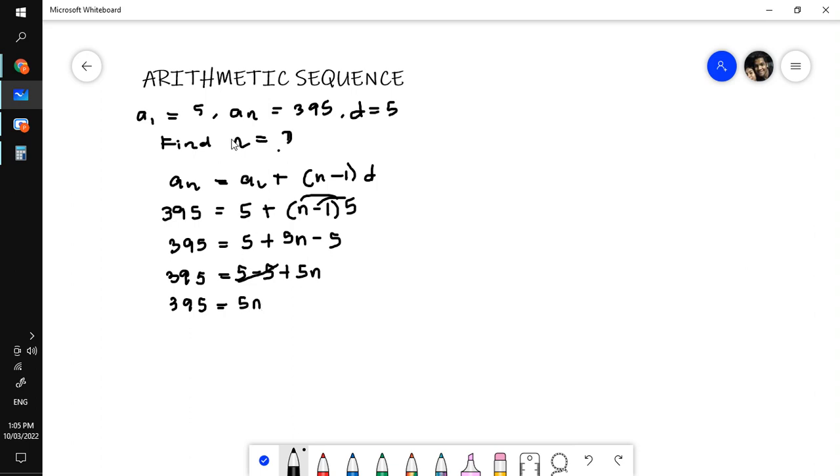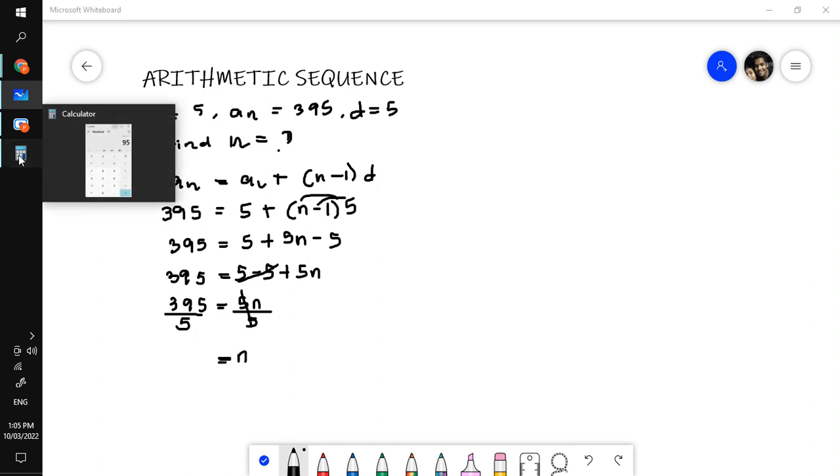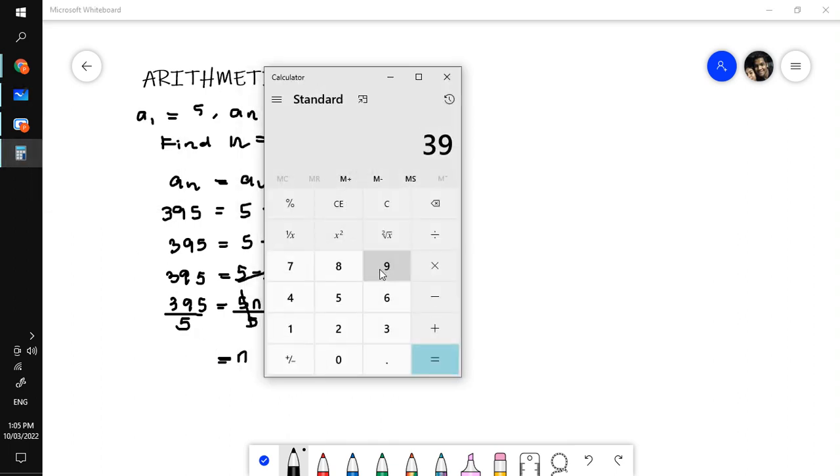Again, our aim in here is to get the value of n. So we need to eradicate the numerical coefficient 5 in here. That can be done by dividing 5 to both sides. So we are left in here with n, and on the other side we have 395 divided by 5.